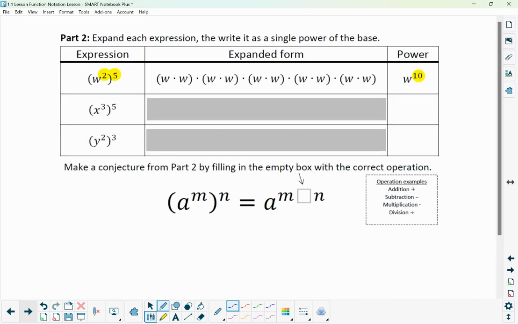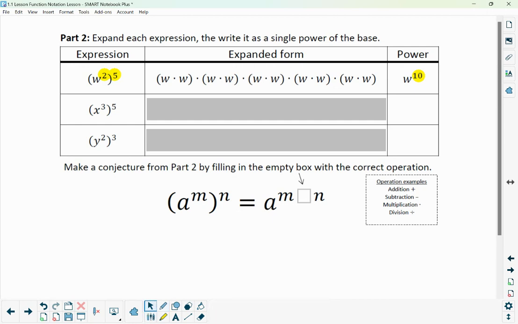If you have an exponential expression like w squared raised to the 5th power, that really means you have a w squared, or in other words, a w times a w, multiplying by itself 5 times. So w times w times w times w times w times w times w times w times w times w. And that's really just w to the 10th.